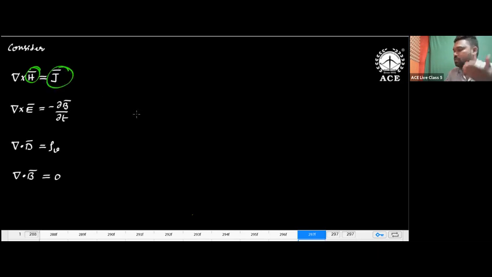That is what people used to believe. But Maxwell said no. Magnetic field is not only due to the conduction current, but there is one more term here. Later we will get that as a displacement current. People were not ready to accept Maxwell's theory. Around 15 years later, Hertz experimentally proved the existence of displacement current.